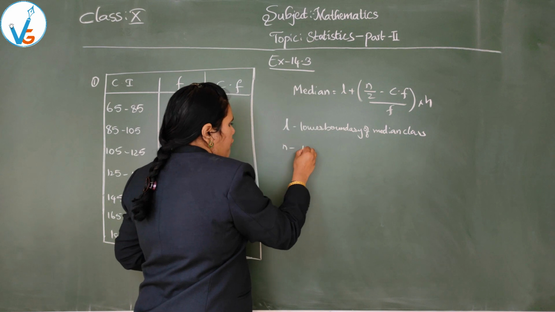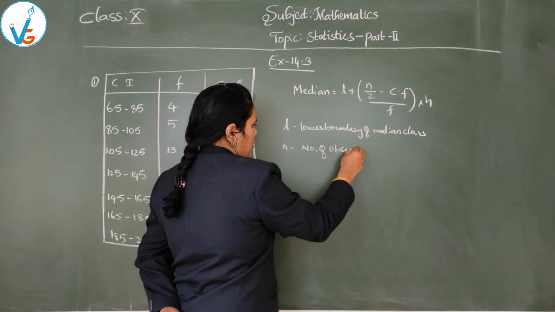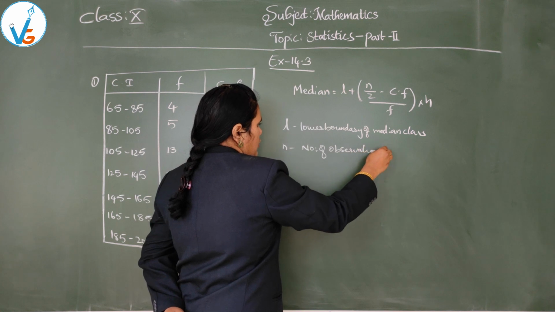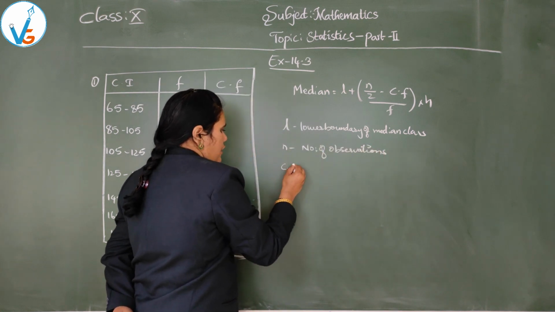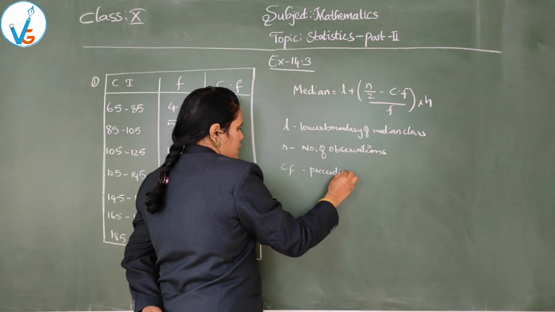N is the number of observations. CF is the preceding cumulative frequency.